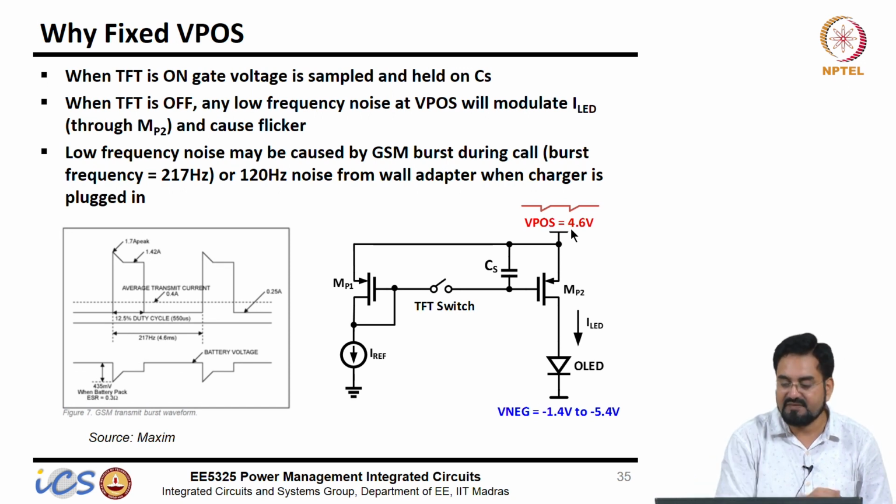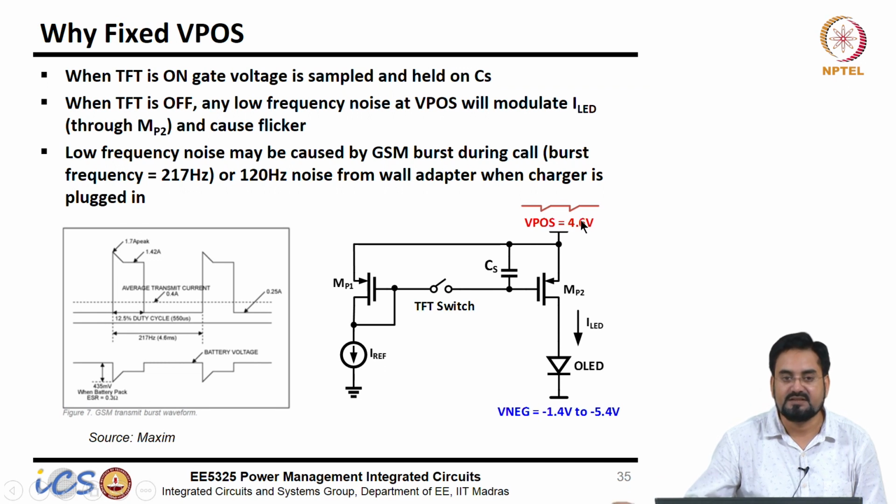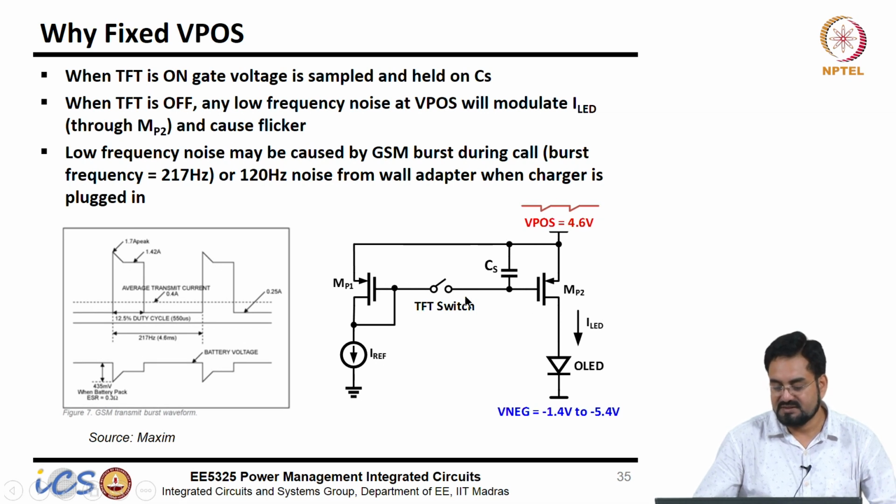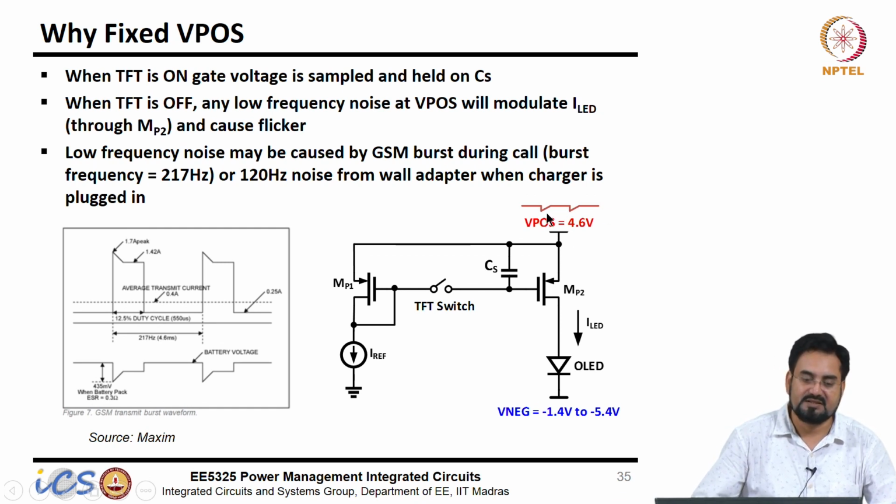That is why we require a very clean 4.6 volt supply here. That's the main reason. Any ripple here, any change here will change the current, and that is why we do not allow any variation in the supply, and we need it very clean.